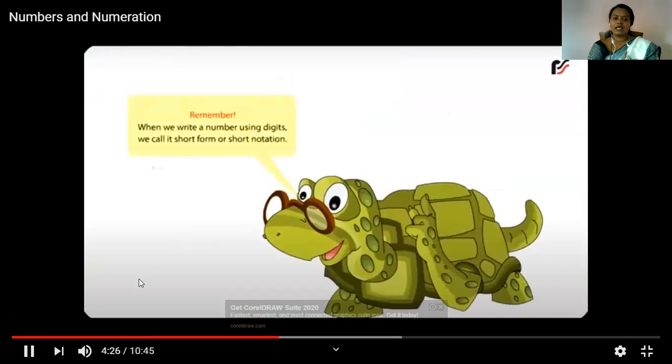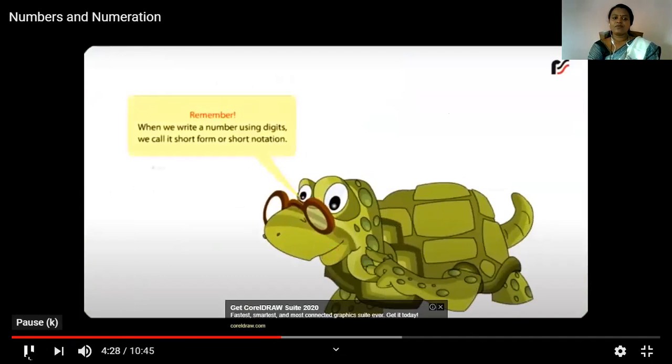Remember, when we write a number using digits, we call it short form or short notation. Wasn't it a fun learning? Yes. So let us move on to the next slides in our PowerPoint presentation.